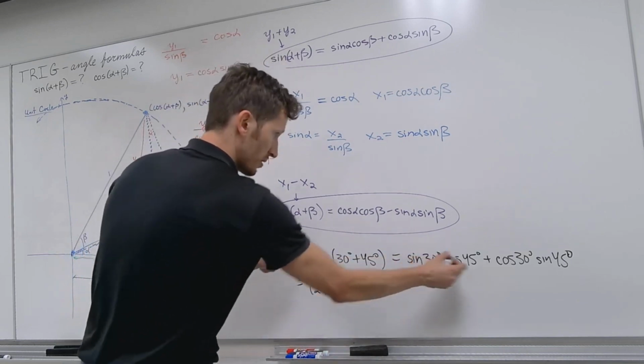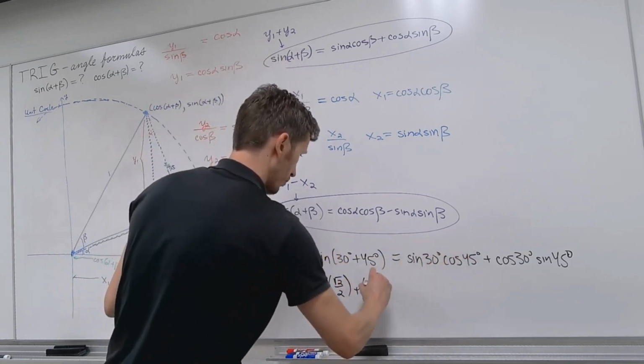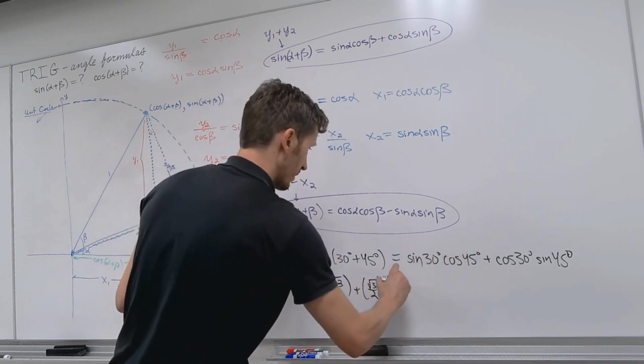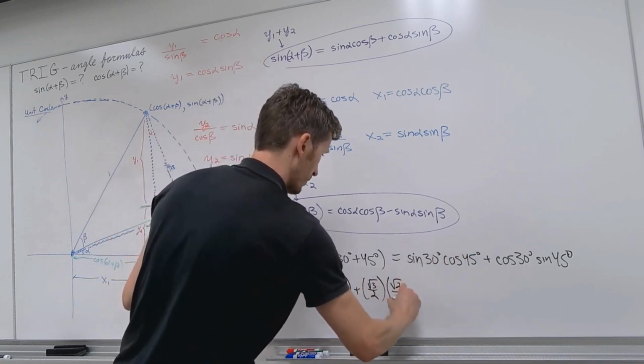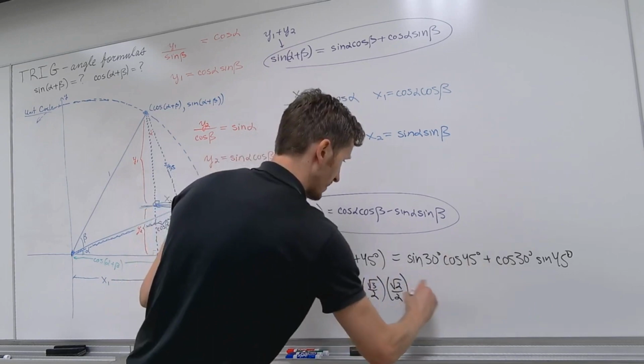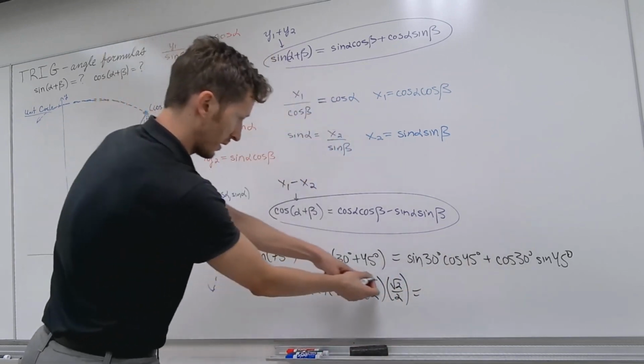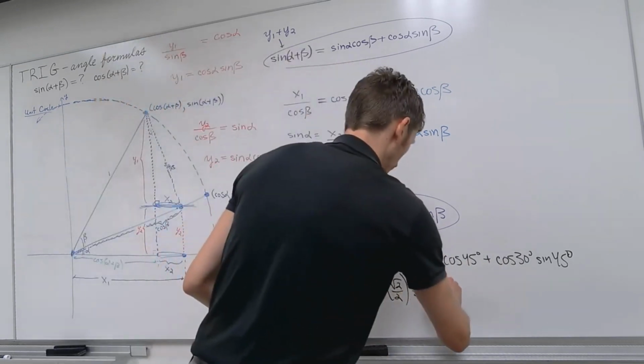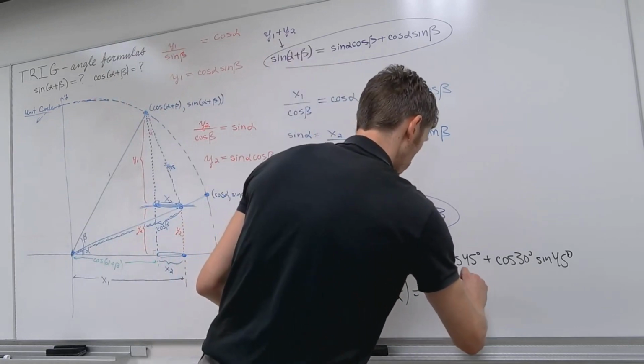We better know all these. Plus cosine of 30 degrees, root 3 over 2, times sine of 45 degrees, root 2 over 2. Ultimately, you can write that as root 2 plus root 6 over 4. That's kind of messy, but it's what it is.